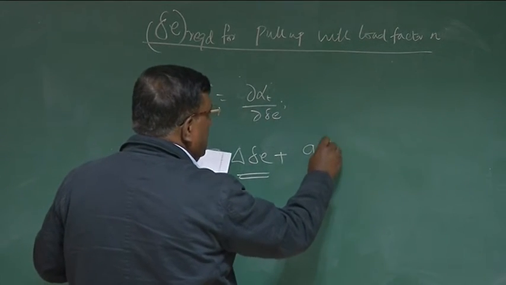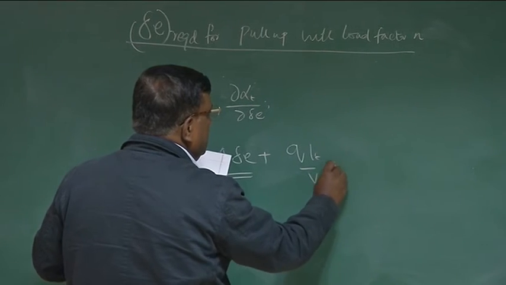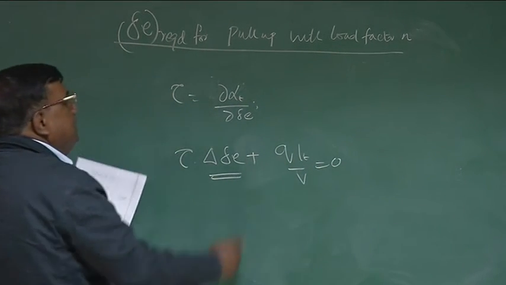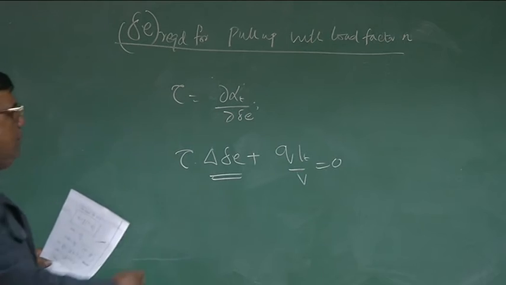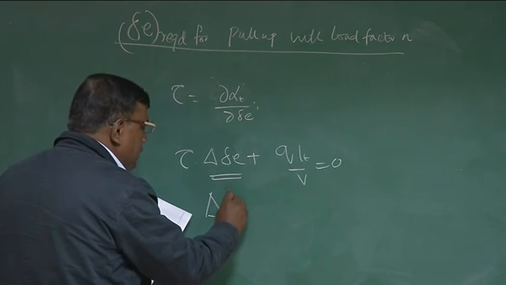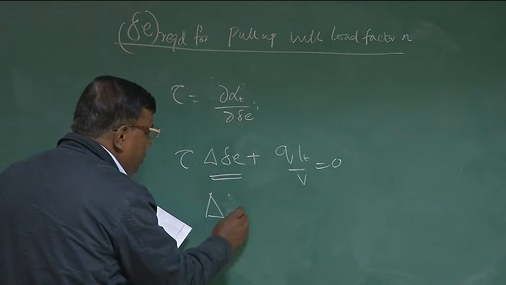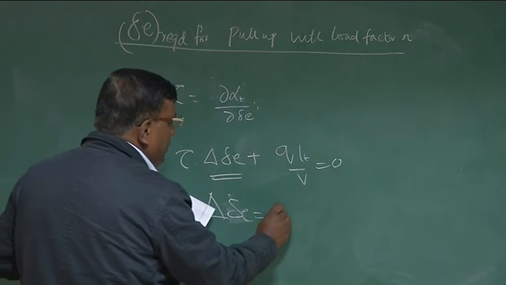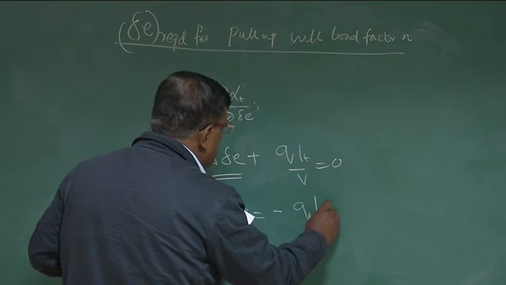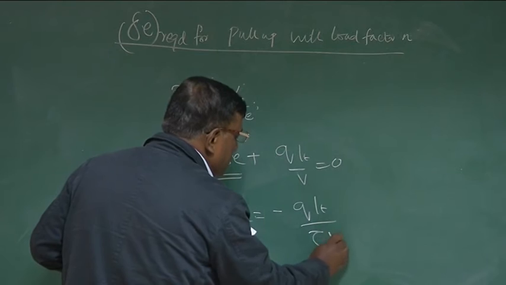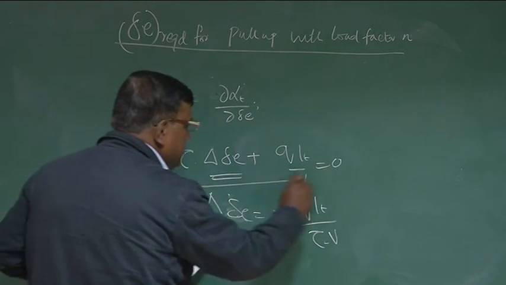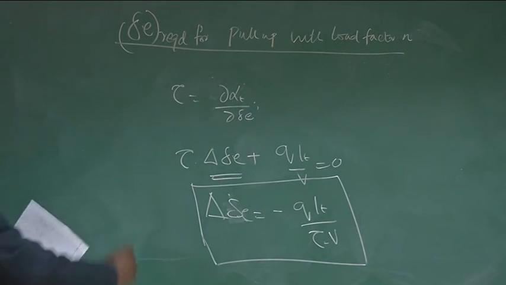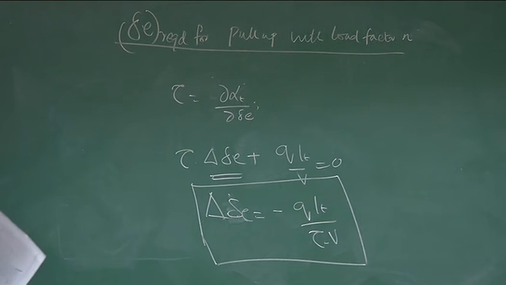By q Lt by V. So if they balance, I put it equal to 0, so I get delta E equal to minus q Lt by tau into V. This is the additional delta E up required for a positive q.